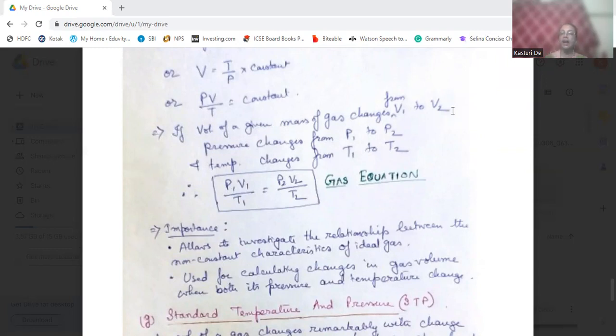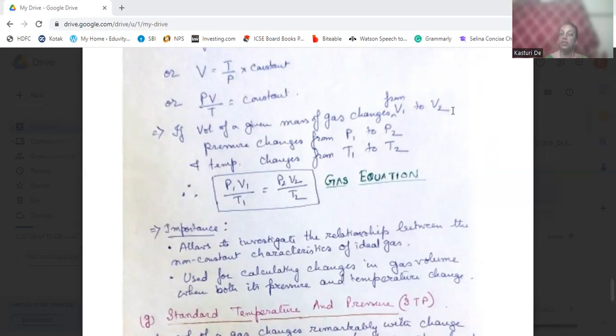It allows us to investigate the relationship between the non-constant characteristics of an ideal gas, how the temperature, pressure and volume are related to one another, and how they are related to energy.